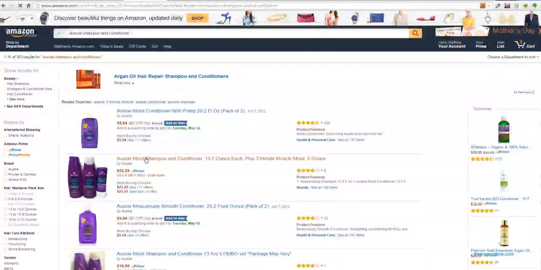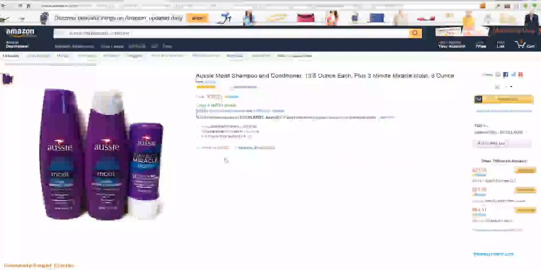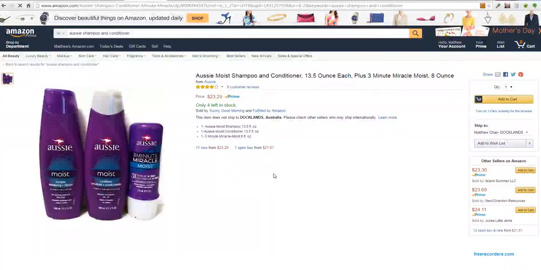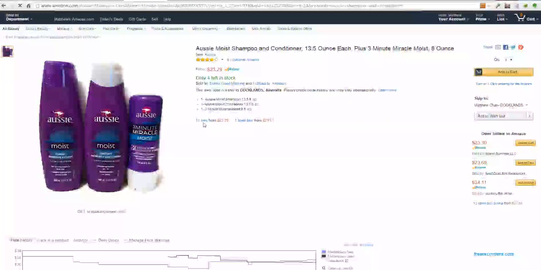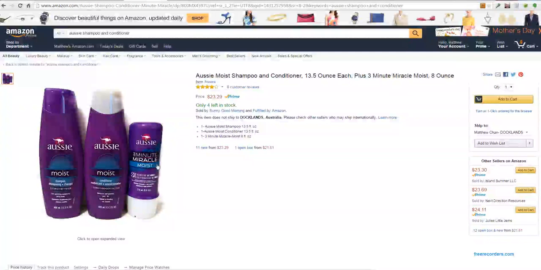I started selling this one probably a month ago, and there were only 3 people selling it, and now there's 11, and I think there's more than that. I think a lot of people run out of stock, so they'll be coming back. The reason so many people come onto the listing is that all 3 items are available from Walmart, so it's quite easy for them to copy the listing.